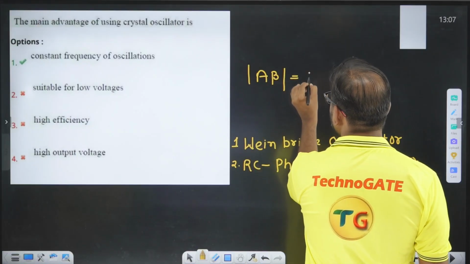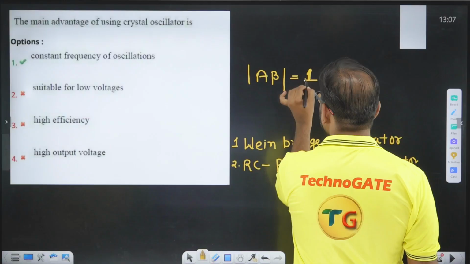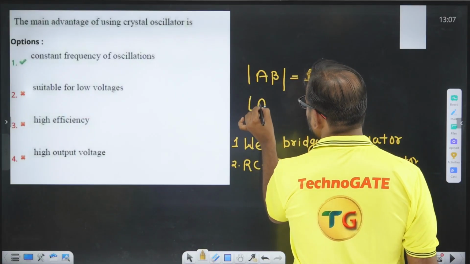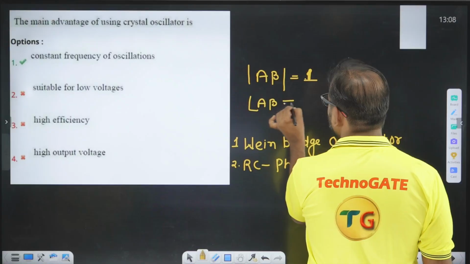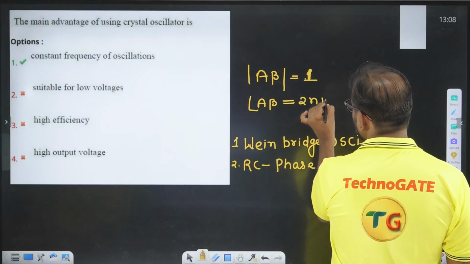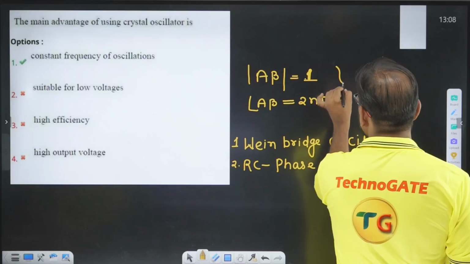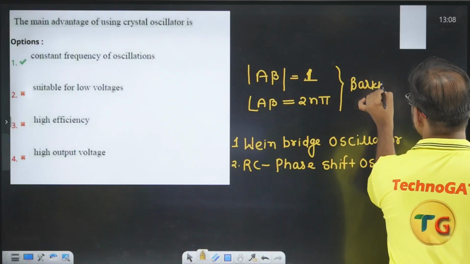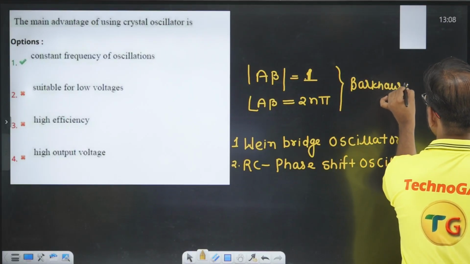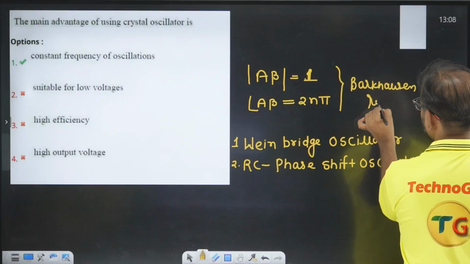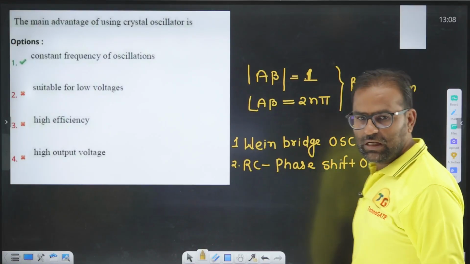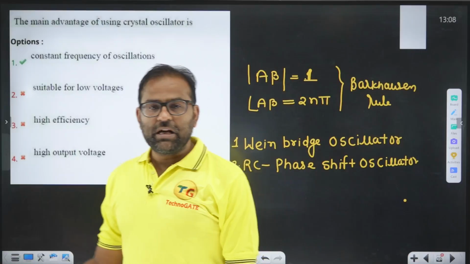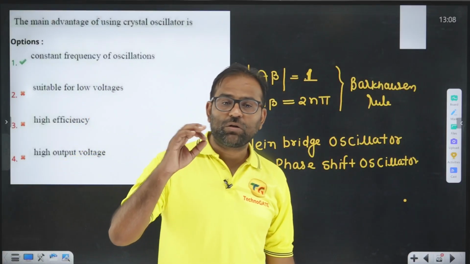This is known as the Barkhausen criteria: A beta equal to 1 and the angle of A beta equal to a multiple of 2 pi, so I am writing 2n pi. This is the Barkhausen rule, correct? So what we want to say is that this gain is dependent on the device parameter.